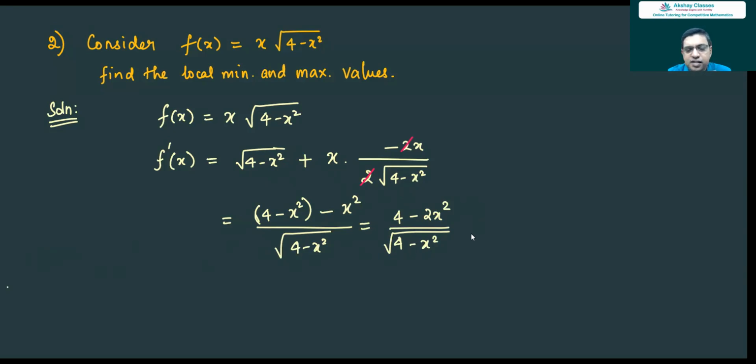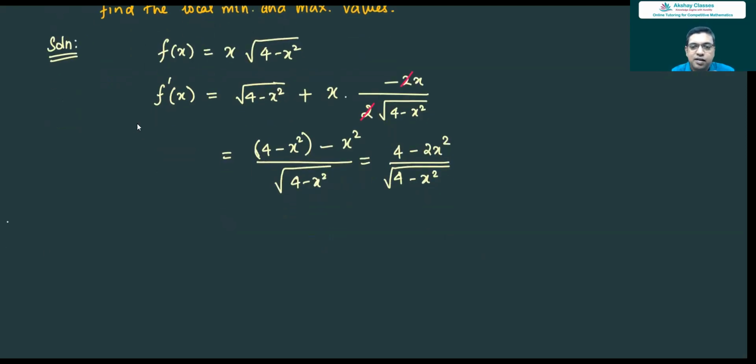Now, common sense tells us that going for the second derivative will complicate the issue. We can get it, but it will take more time. Anyway, if the first derivative is equated to 0, we get 4 minus 2x squared equals 0, which gives us x as plus or minus under root 2.